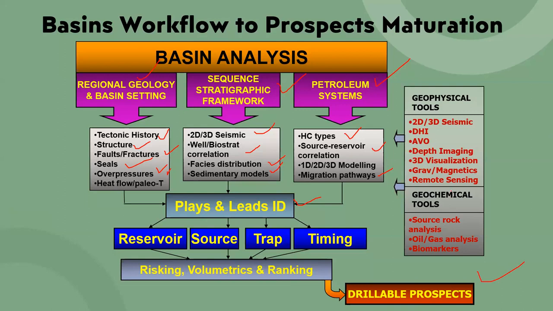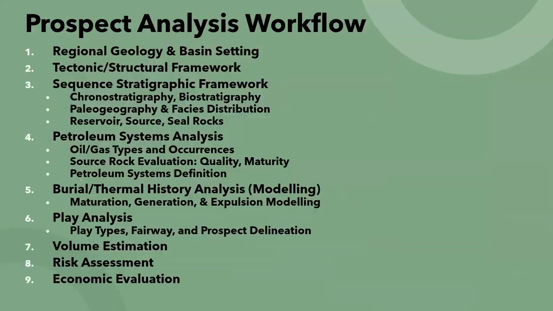That's why I told you that we do not have one specific workflow, but multiple workflows to come up with the prospect maturation. Most of the stuff we will be using includes attributes, inversion, and reservoir analysis. We'll also be using some machine learning to predict that. Interpretation is also part of what we are looking at.